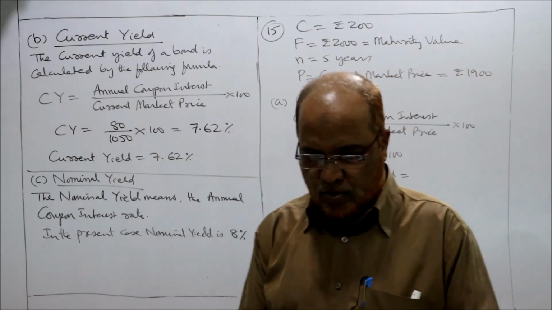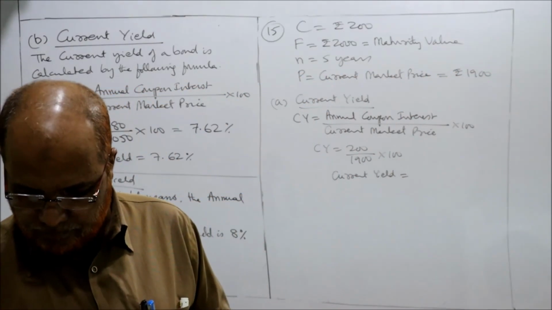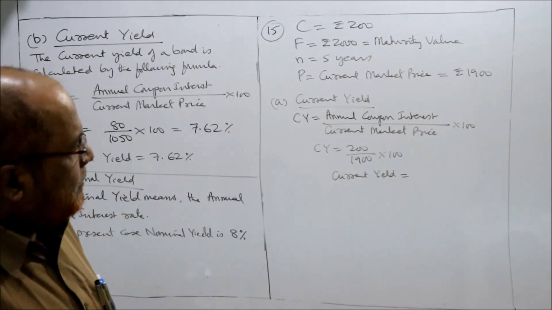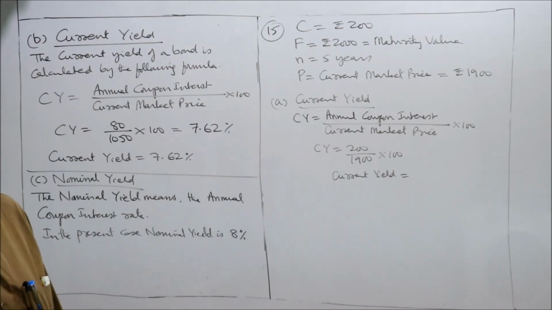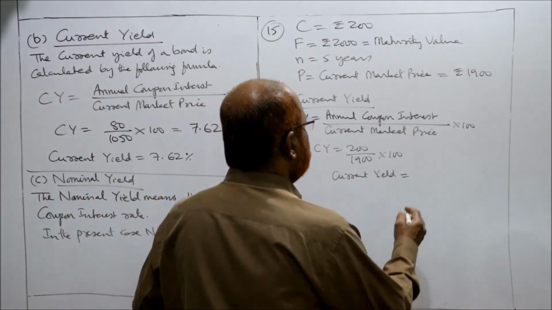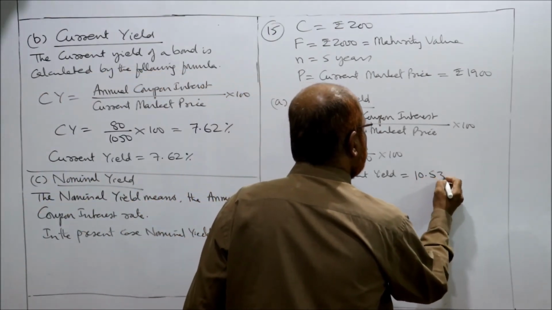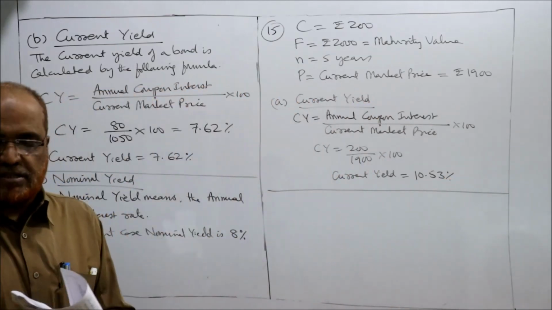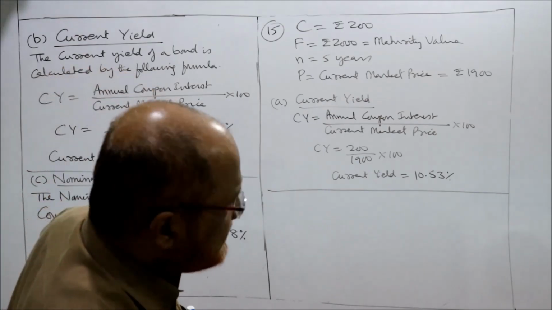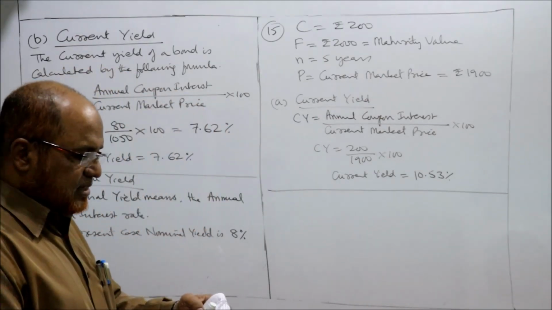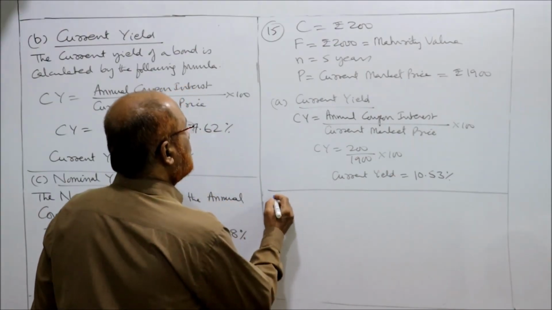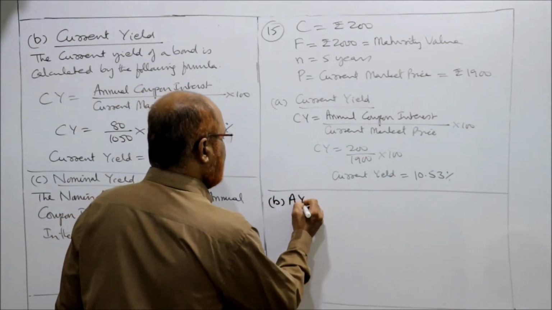Current yield is equal to 200 by 1900 into 100, 10.53%. Come on, first bit completed. Now we'll come to the second bit. The second bit is asking you to calculate the yield to maturity, YTM. So B bit, AYTM.